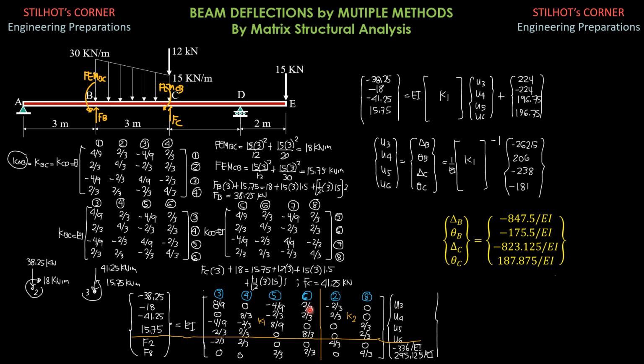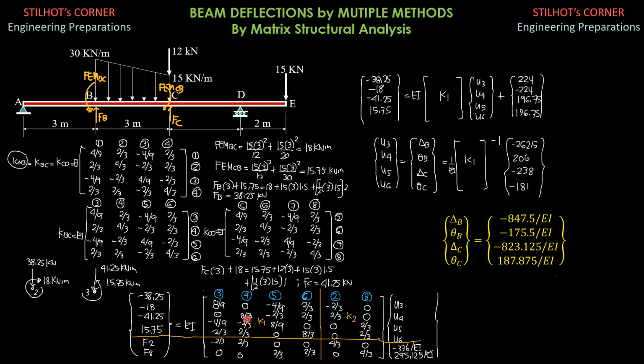Then 3, 6, 2/3. Then 3, 2, negative 2/3, and 3, 8, 0, there's none. And we copy by symmetry here.